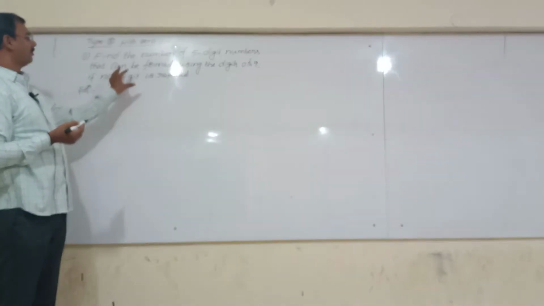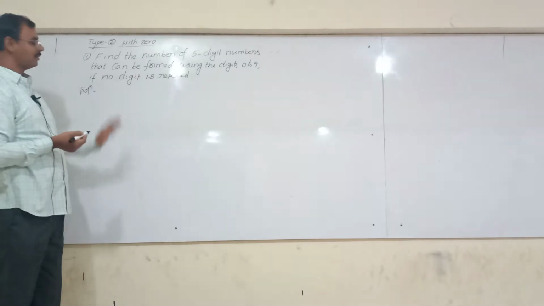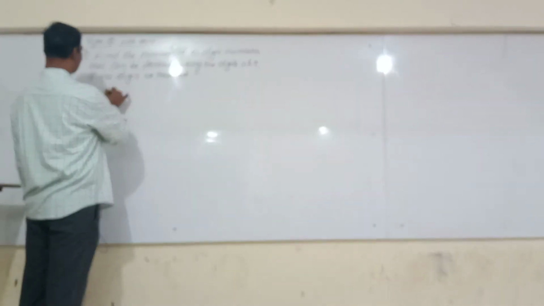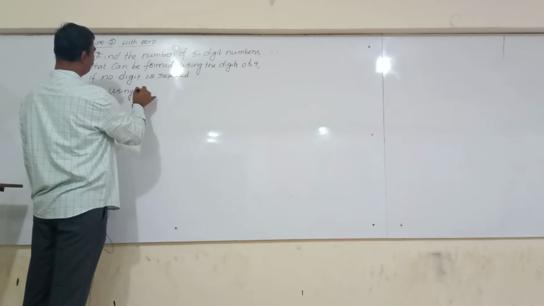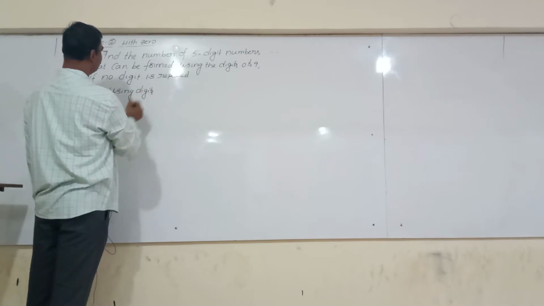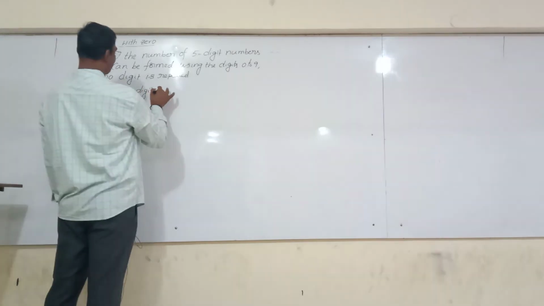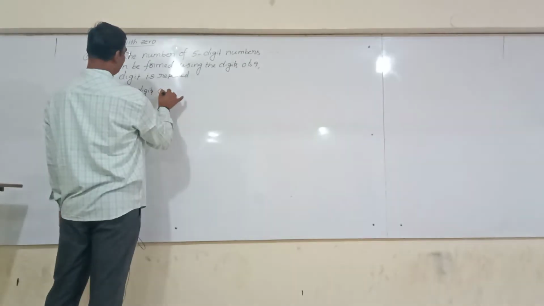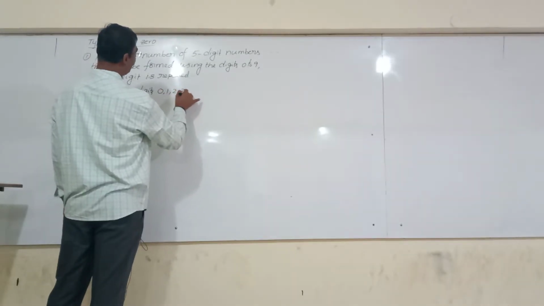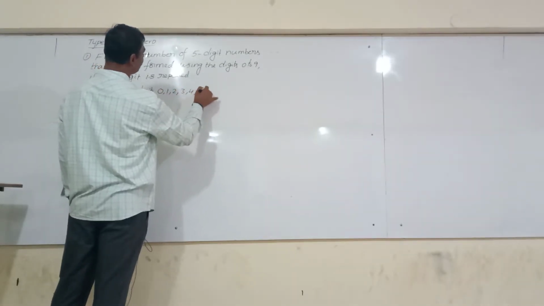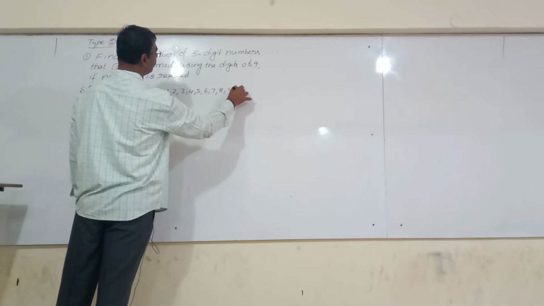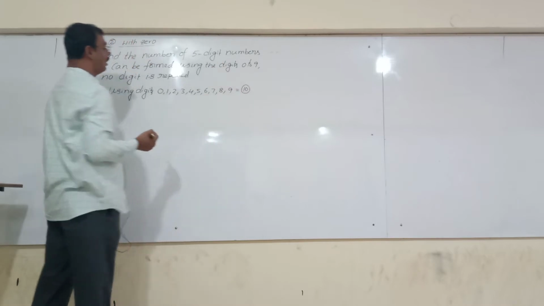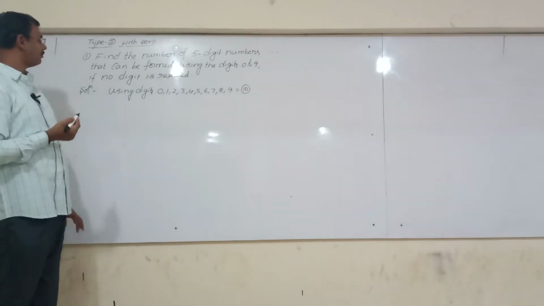So what are the given digits? Firstly, what are the given digits? 0 to 9. So we have to use 0 to 9, which means 0, 1, 2, 3, 4, 5, 6, 7, 8, 9. Total number of digits, how many are there? 10 digits are there.